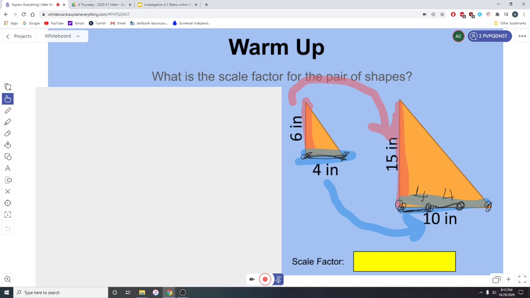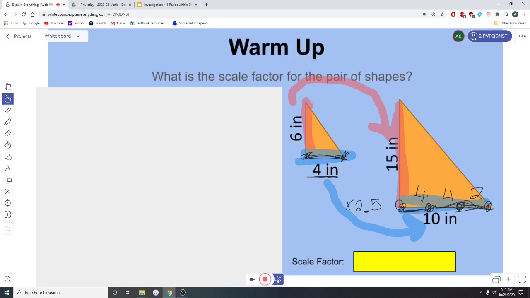I have to put 2 more in. Notice that 2 is half of this 4 here. It takes 2.5 of these sides to make the 10. So the scale factor is times 2.5.